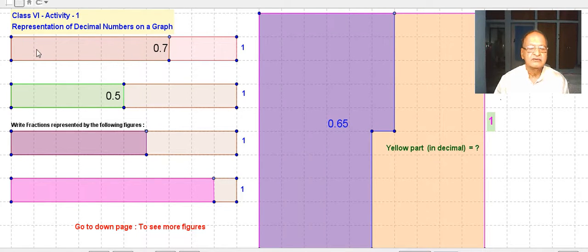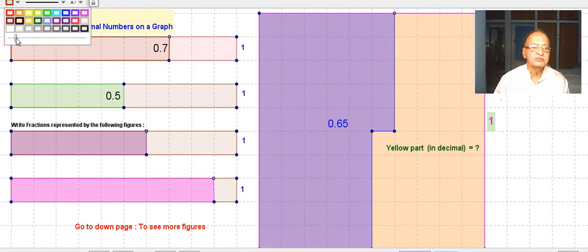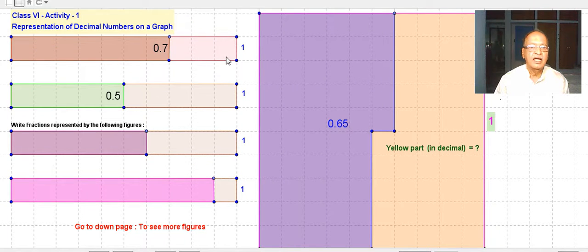Color it with any brush or your crayon pencil. You can color it. This is a little bit darker, and I have marked here 0.7.